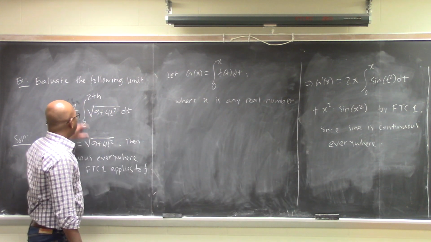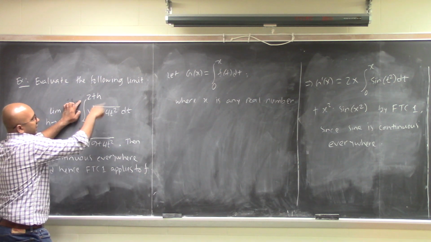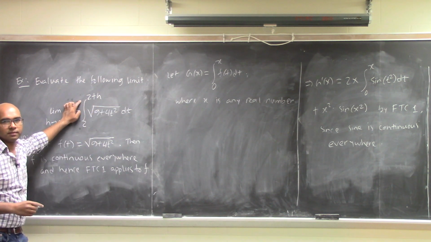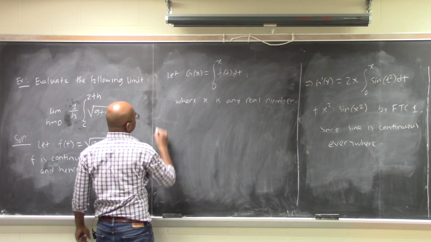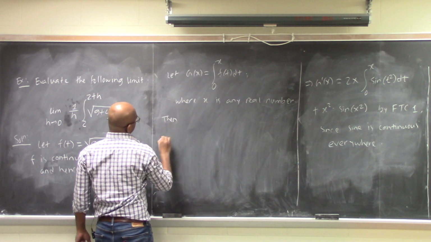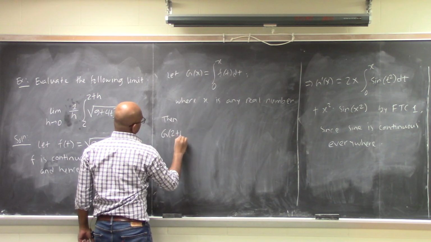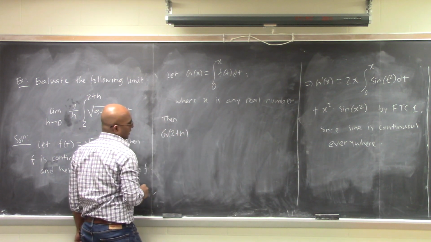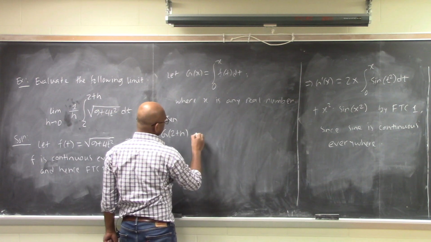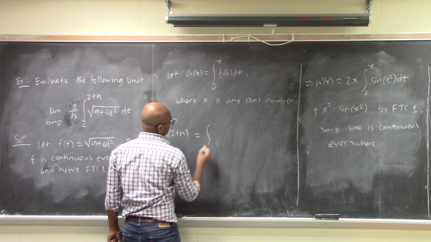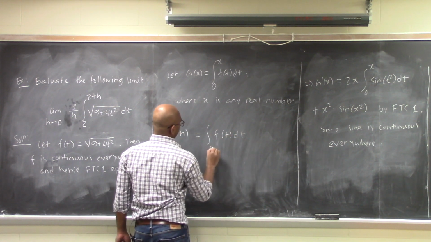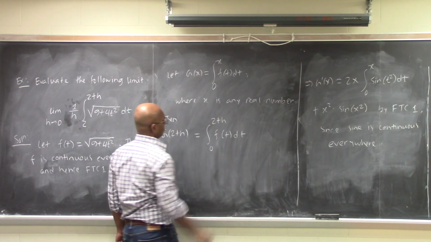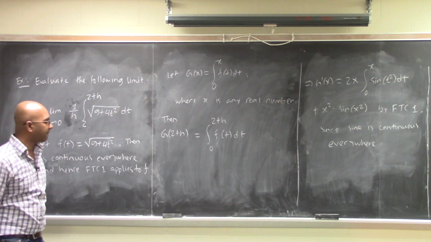But then can you write this guy in terms of g? Notice what is g of 2 plus h? g of 2 plus h is integration of this function from 0 to 2 plus h, right?